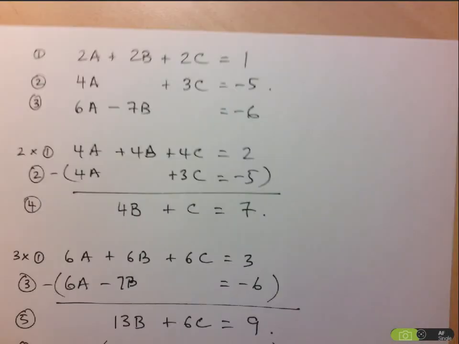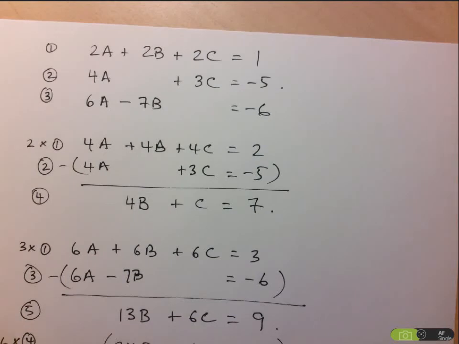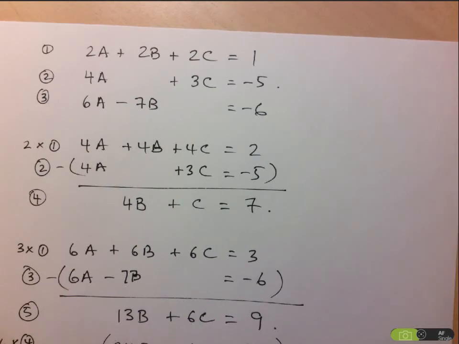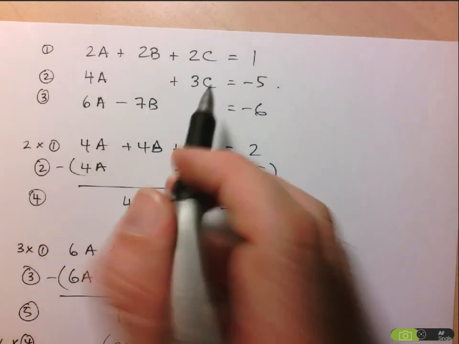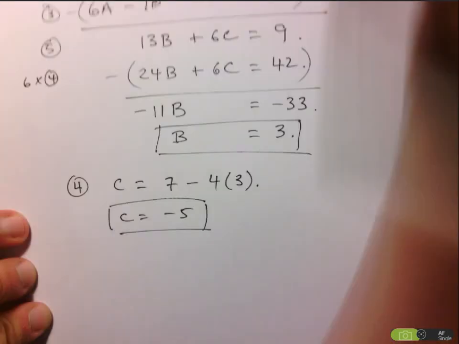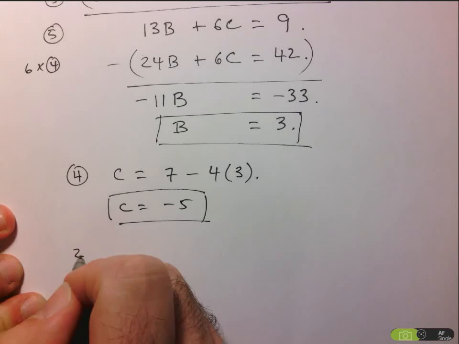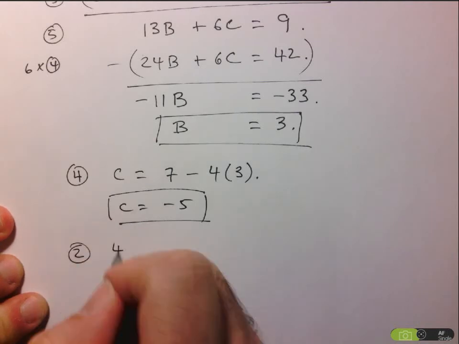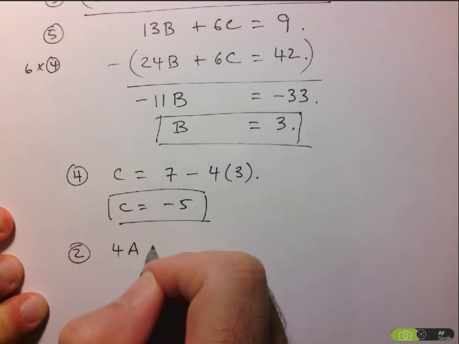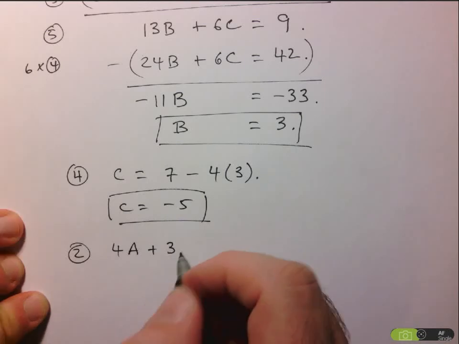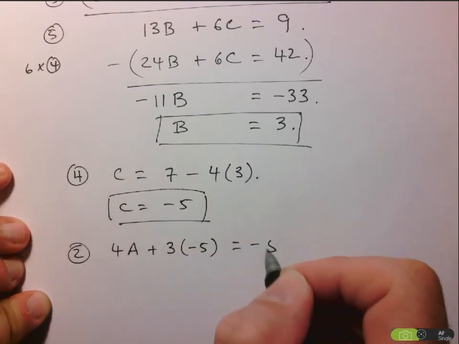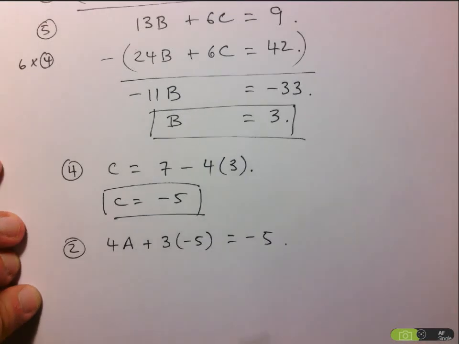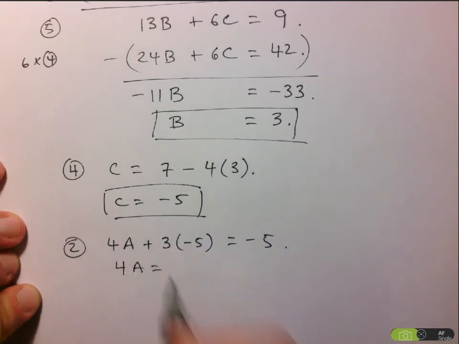And now we'll go back up here and choose something to determine a. So I'll take equation 2: 4a plus 3c equals negative 5. Now I know c is equal to negative 5, so 3c is negative 15.